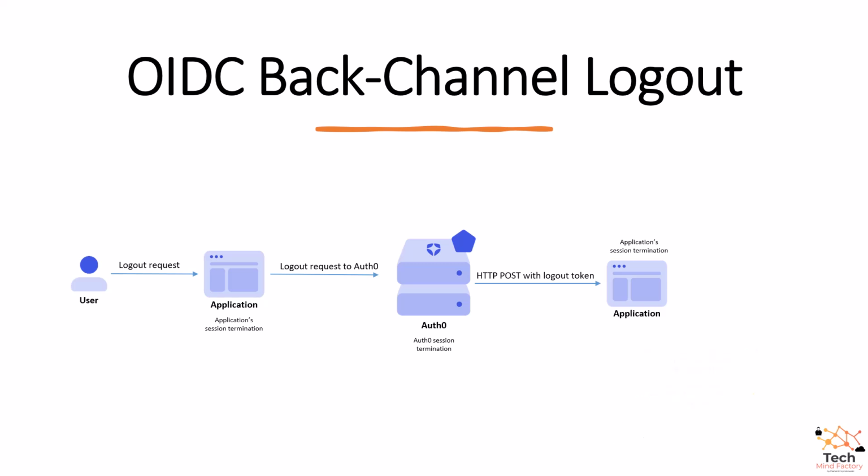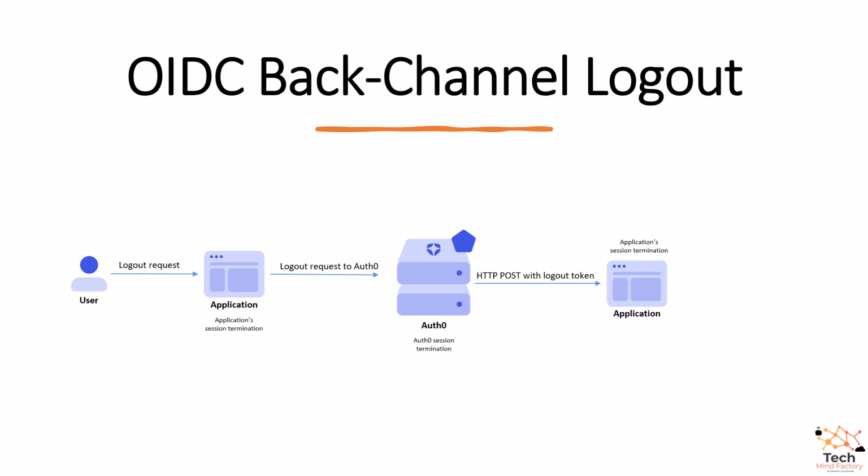Okay, so why this storage here? The important fact is that when we look at the left side of the diagram, here we have this front-channel logout, where the user clicks the logout button in the application and there is a redirection to Auth0. Obviously, everything is fine when it comes to cookies, because the session cookie is terminated by Auth0.